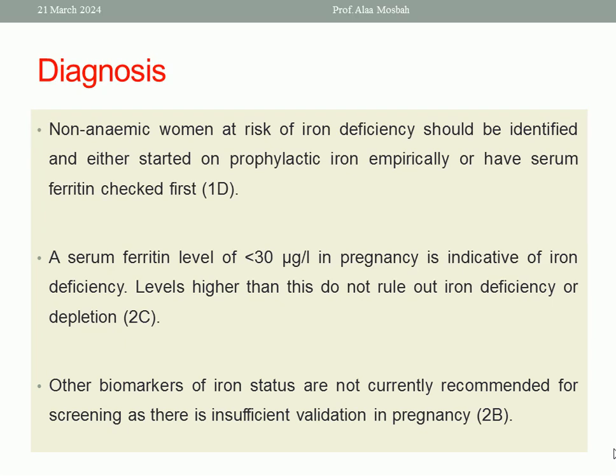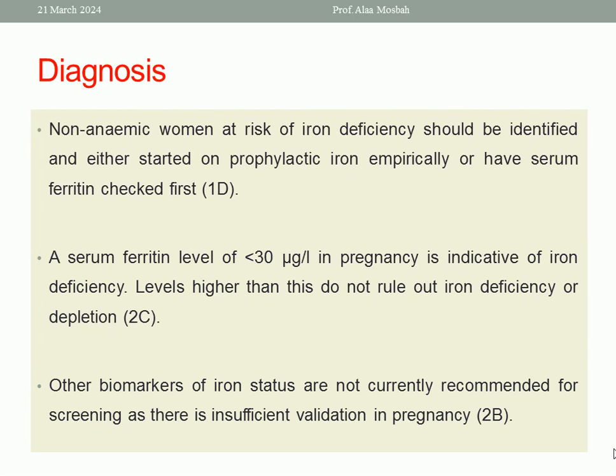A serum ferritin level of less than 30 microgram per liter in pregnancy is indicative of iron deficiency. Levels higher than this don't rule out iron deficiency or depletion, as I said before, because of physiological changes in the metabolism of iron during pregnancy.